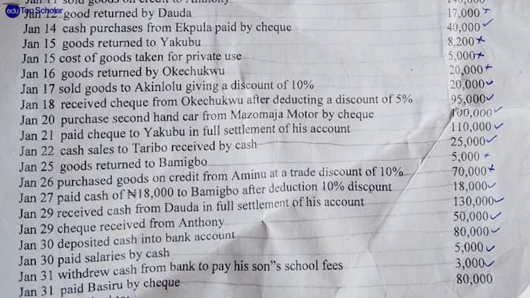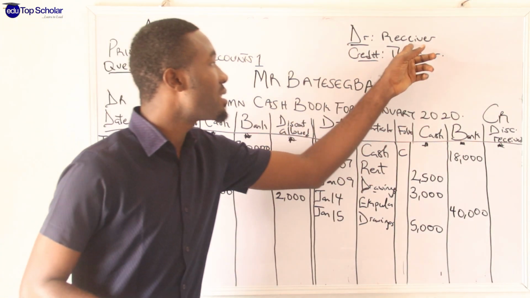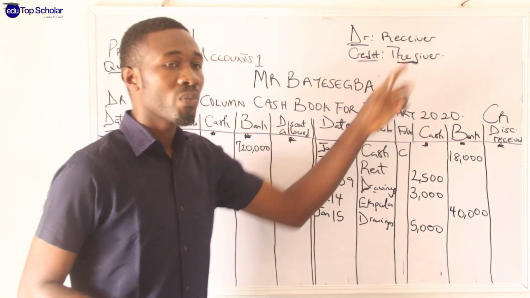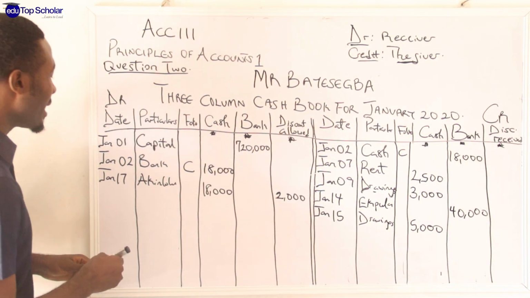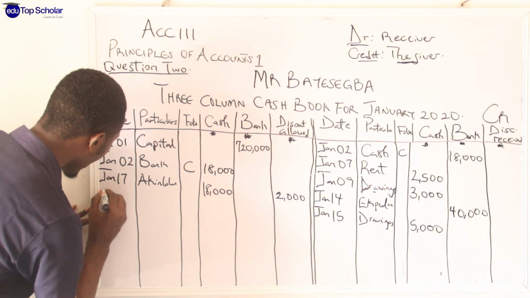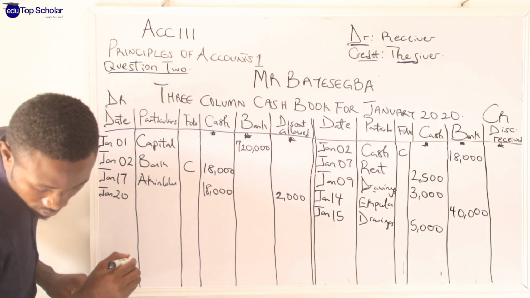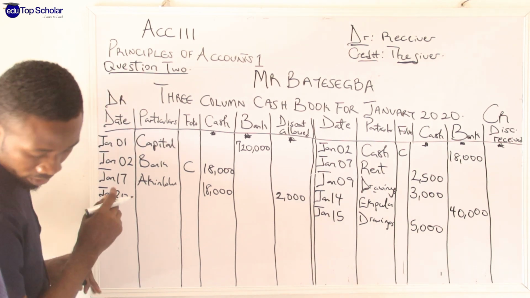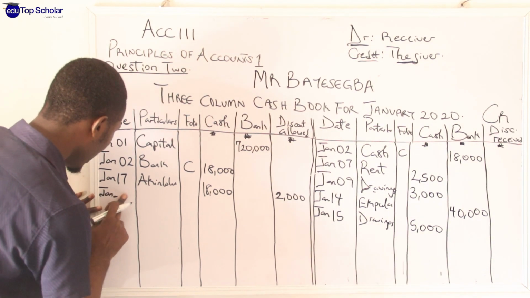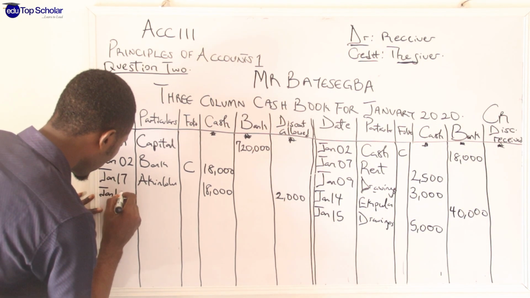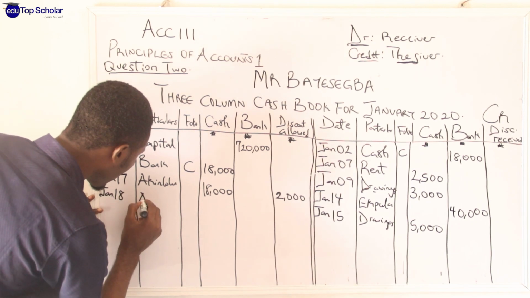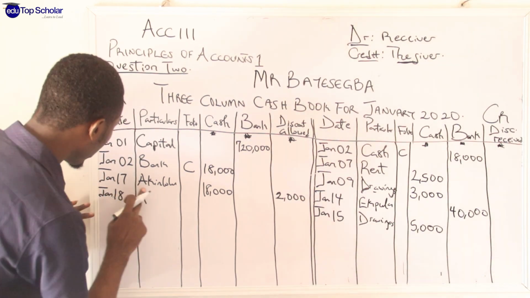So in that case, we know that whenever we receive money, we are the receiver, we are to record on the debit side. So we have January 18, the date is January 18, because we received money from Okechukwu.